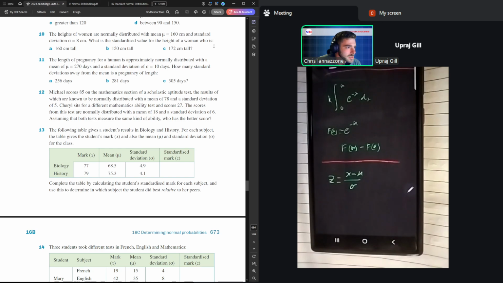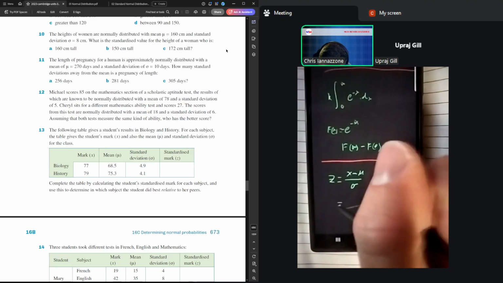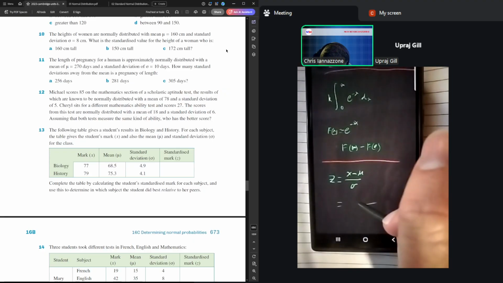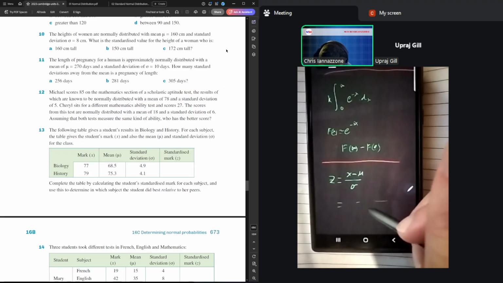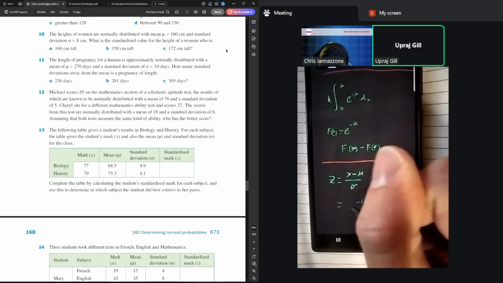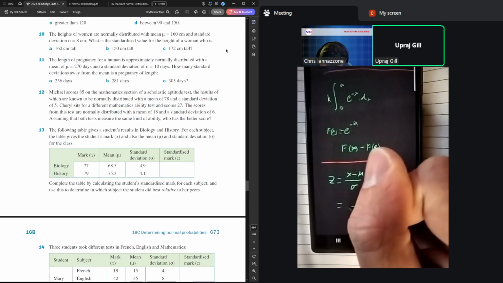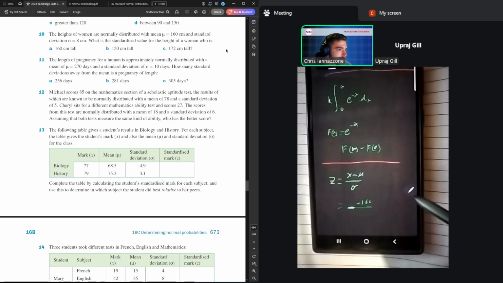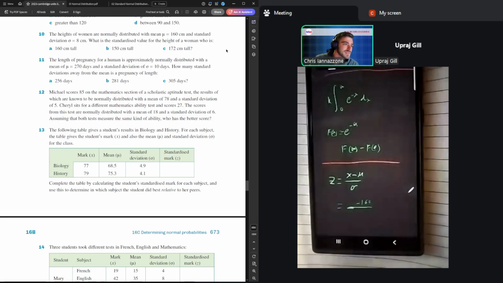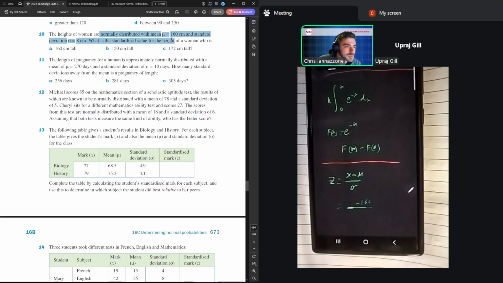What values do we already have? The mean. Yeah. The standard deviation, and is 160 centimeters tall sort of the x value? Correct. Yeah, it's the x. So whatever the thing you're told is the normal distribution of is x stuff.